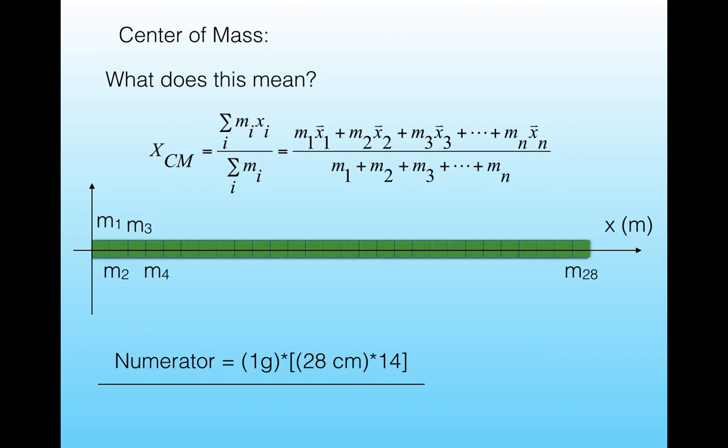On the denominator, there's just 28 segments that each have 1 gram, and so we're able to put 1 gram times 28 on the bottom. Now we can easily cancel the 1 gram from the top and the bottom. We can cancel the 28 from the top and the bottom, and we're left with 14 centimeters. 14 centimeters is exactly in the middle, so your intuition about this ruler and where the center of mass would be, right in the middle at 14 centimeters, is correct.